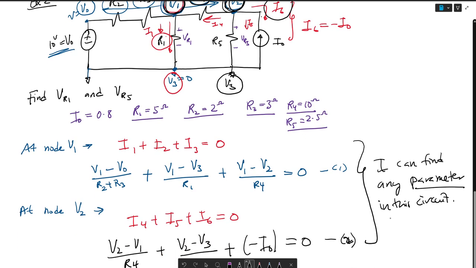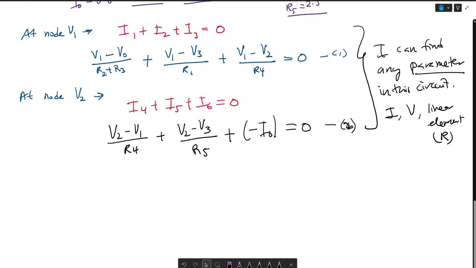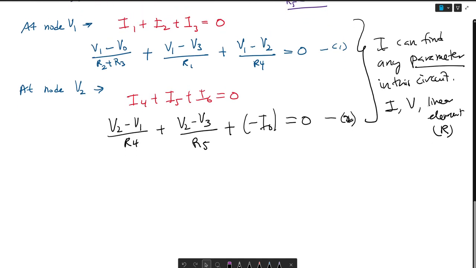And what I mean by parameter is I can find any current, any voltage through any linear element, through any resistor, basically. So let's go off these two equations and see what we can do. The first thing we can do is consider that V3 is 0, so we can take all these to 0.